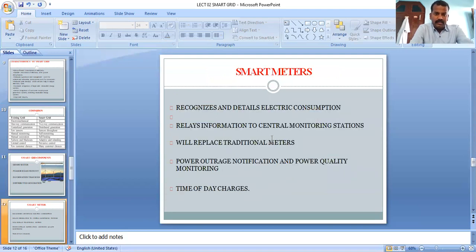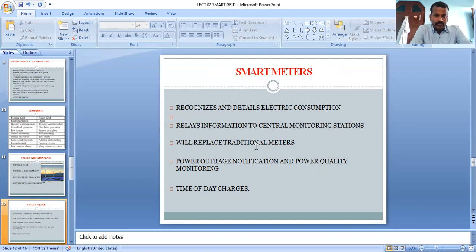The smart meter measures and records electric consumption and relays information to a central monitoring station. Smart meters will replace traditional meters, and provide power outage notification and power quality monitoring.